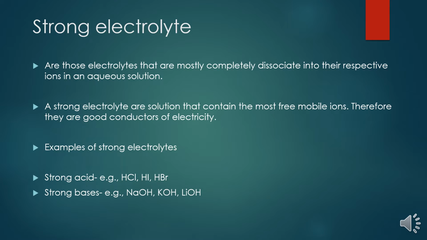Strong bases are also examples of strong electrolytes such as sodium hydroxide, potassium hydroxide, and lithium hydroxide. And we also have salts as strong electrolytes, such as sodium chloride, which is a table salt, the one that we use at home to eat, and potassium bromide.